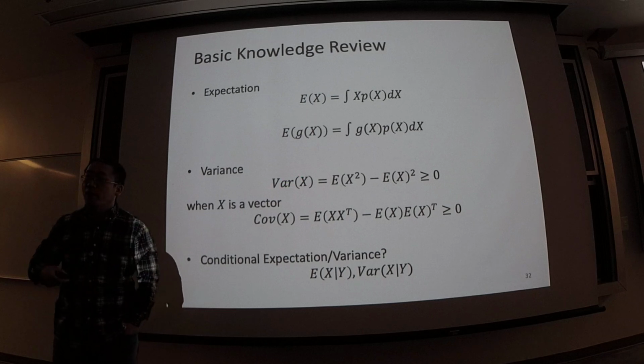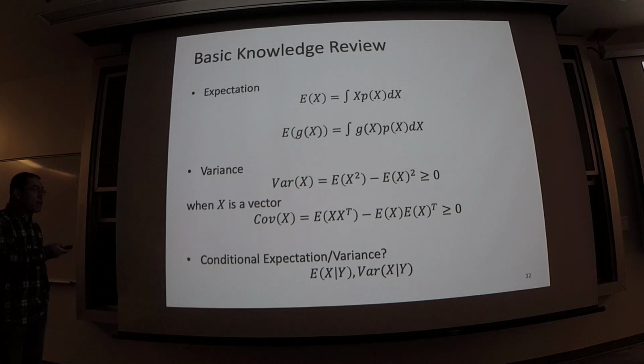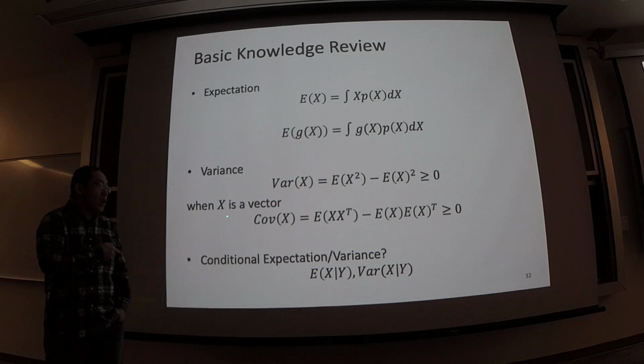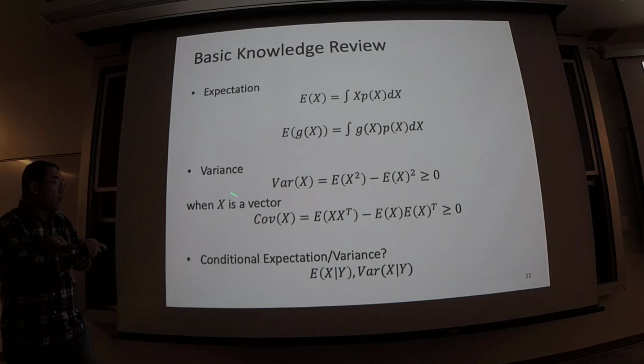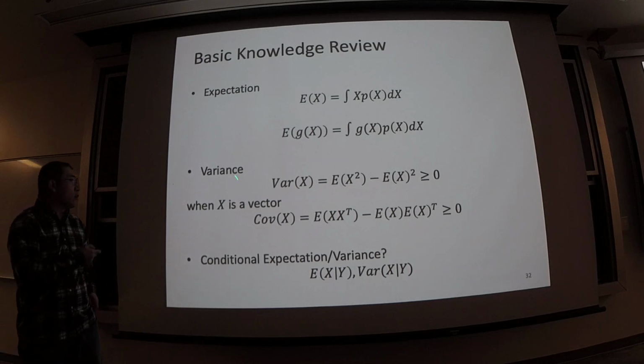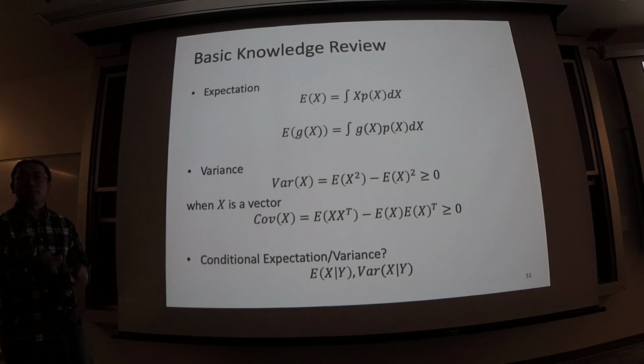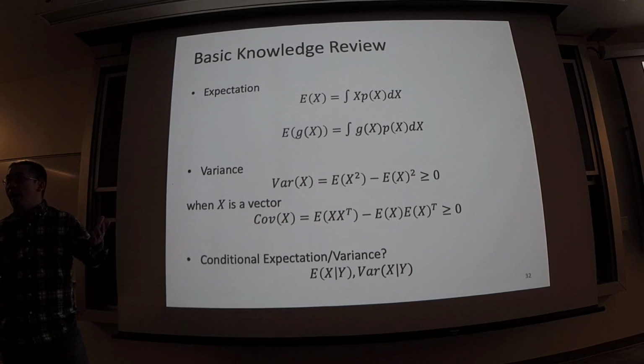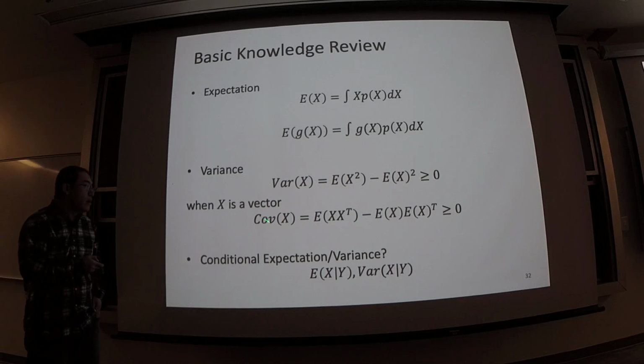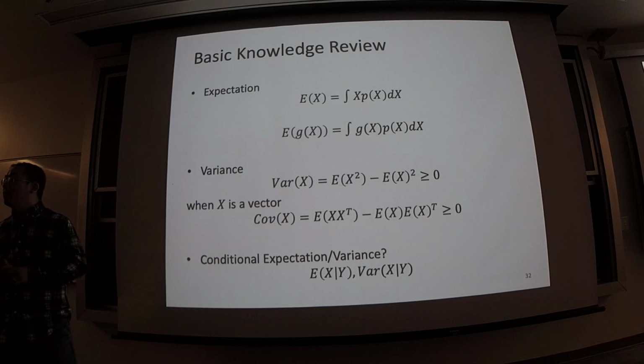But this is for scalar. If our random variable is a vector, it's called a random vector, and usually we're going to compute the covariance matrix. Say if x is an m-dimensional vector, the covariance matrix will be m by m.